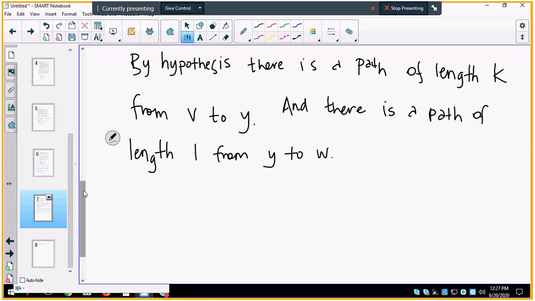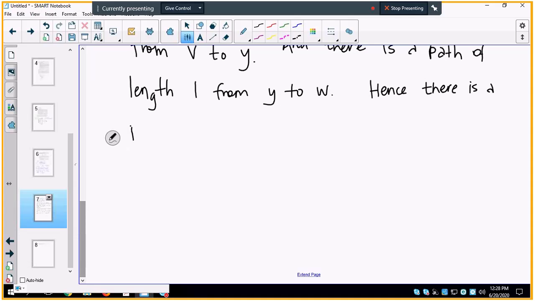So hence, putting these two facts together, there is a path of length k plus 1 from V to W, which is exactly what we wanted to show.